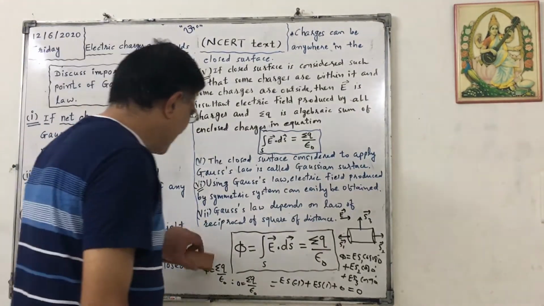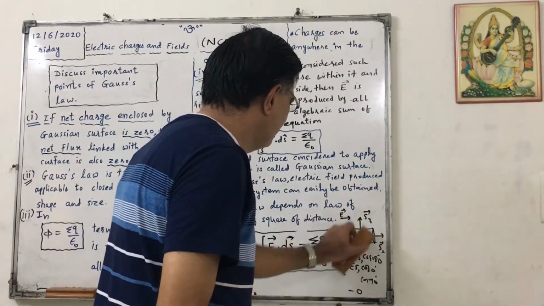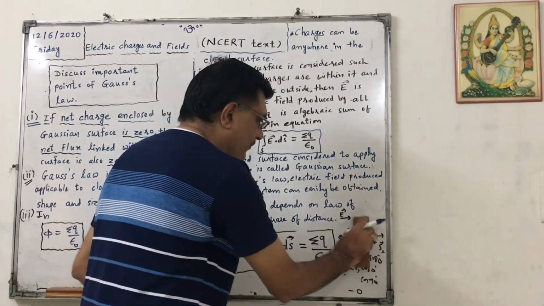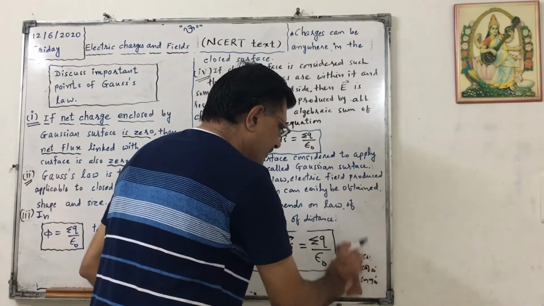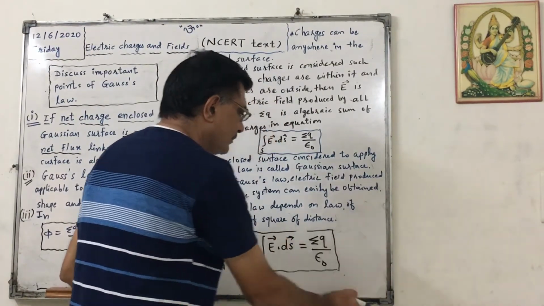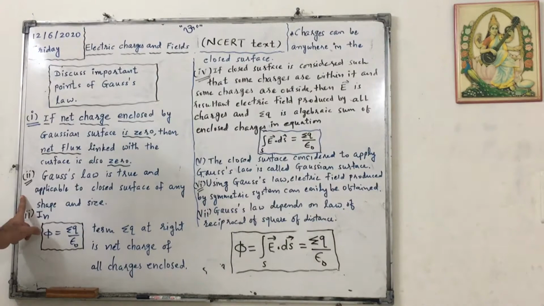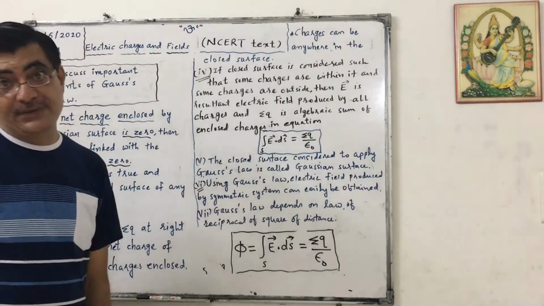This was just a revision of the last lecture. Now second, Gauss's law is true and applicable to a closed surface of any shape and any size.